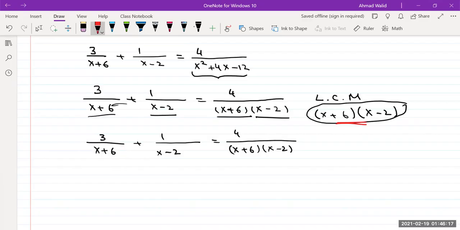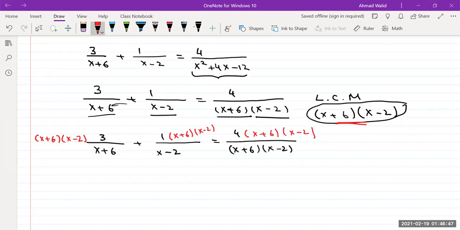I will multiply the first fraction with x plus 6 times x minus 2. I will multiply the second fraction with x plus 6 and x minus 2. And I will multiply the third fraction on the other side also with the same LCM, x plus 6 times x minus 2.